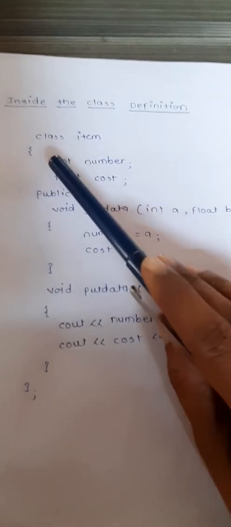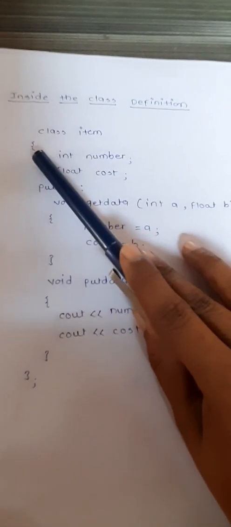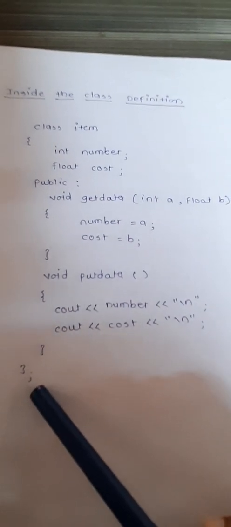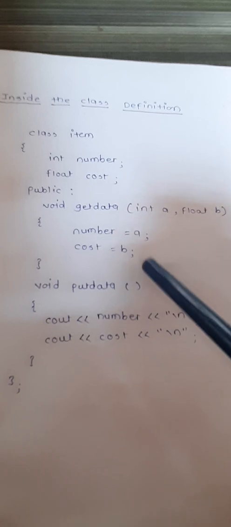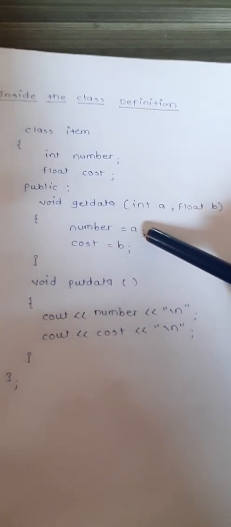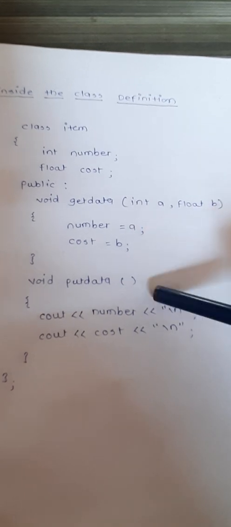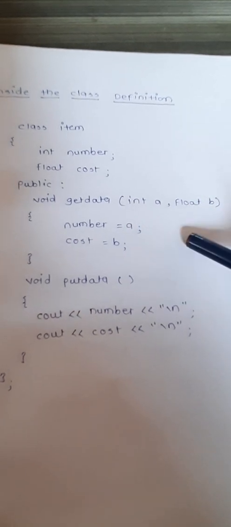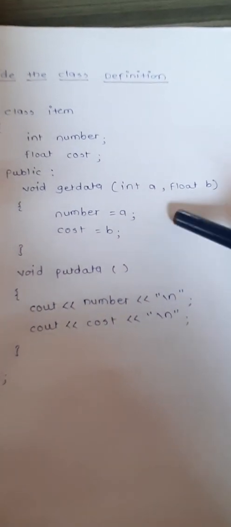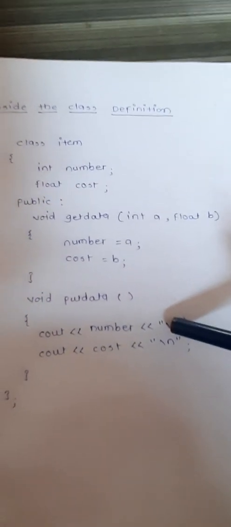Our class definition starts here and ends here, because the semicolon is present here. We define the put data and get data functions inside the class, so it is called inside the class definition. When we define member functions inside the class, there is no need for the scope resolution operator and class name, because we write the definition inside the class.